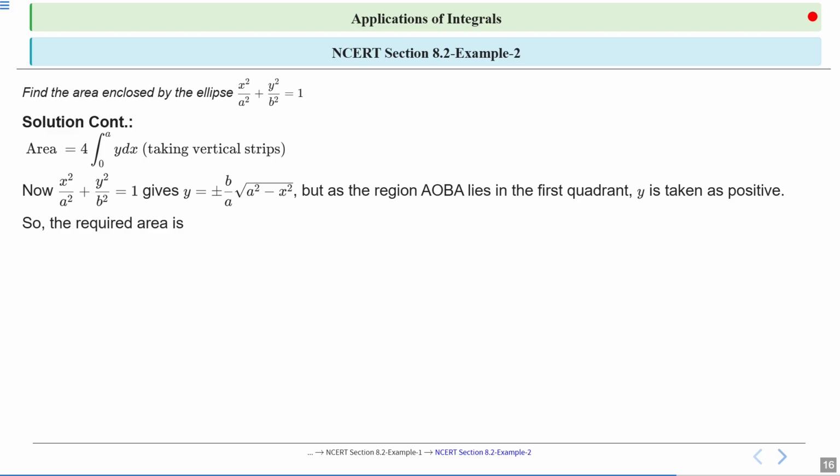So the required area is 4 into integration 0 to a of b by a root under a square minus x square dx.